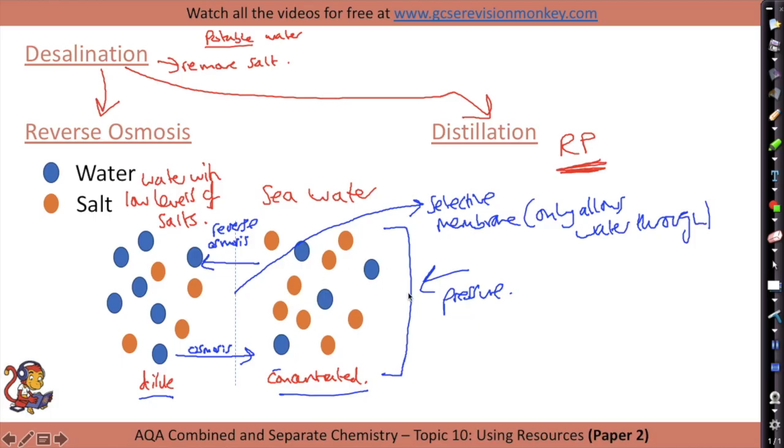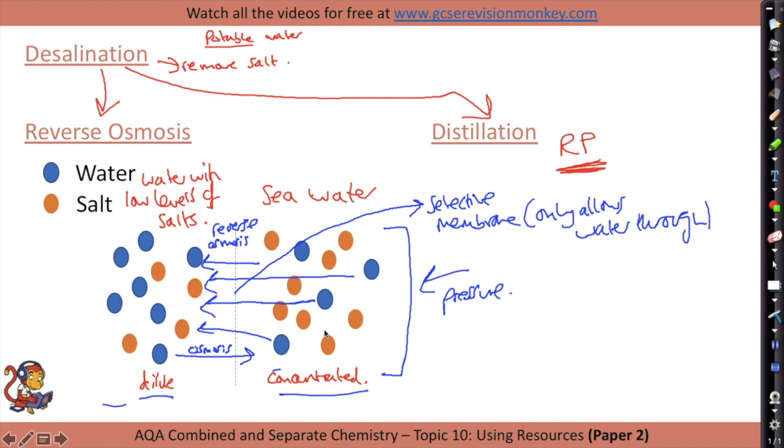And in this case, with this pressure applied to this side, you can actually have a case where you reverse the direction of osmosis and the water particles move from a more concentrated solution to a more dilute solution. So in this way, in seawater you have a lot of salt, but you can still get the water moving out of that salt water into the supply that you want.